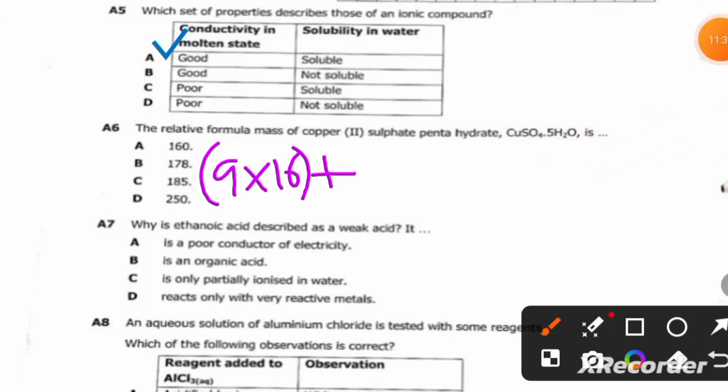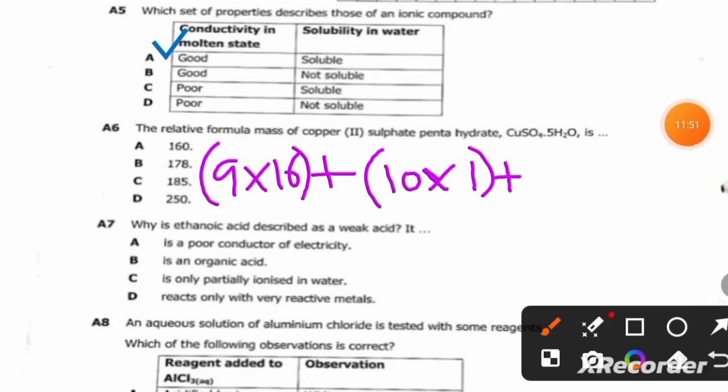The mass number of hydrogen is 1, so we are going to say 10 times 1 plus. Let us also consider the atoms of sulfur. We have 1 atom of sulfur. The mass number of sulfur is 32, so we are going to say 1 times 32 plus.